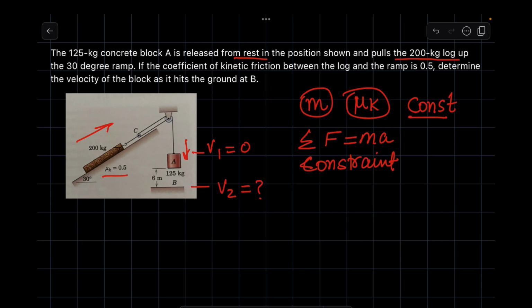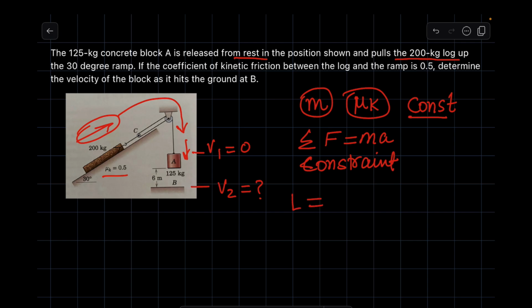To solve this problem, we will first try to make a relationship between this log and the block A, meaning how the velocity or acceleration of the two bodies are related.